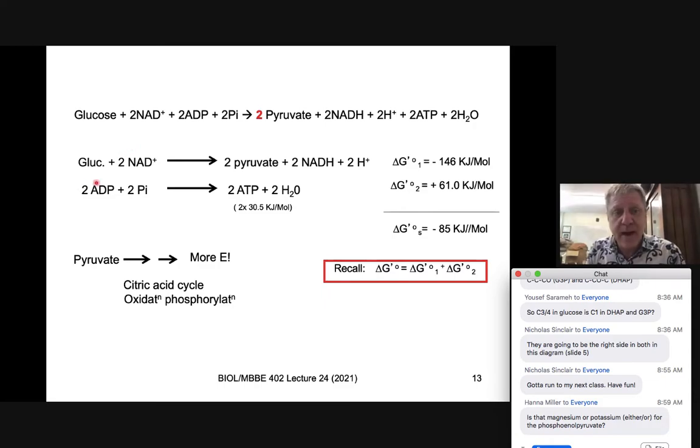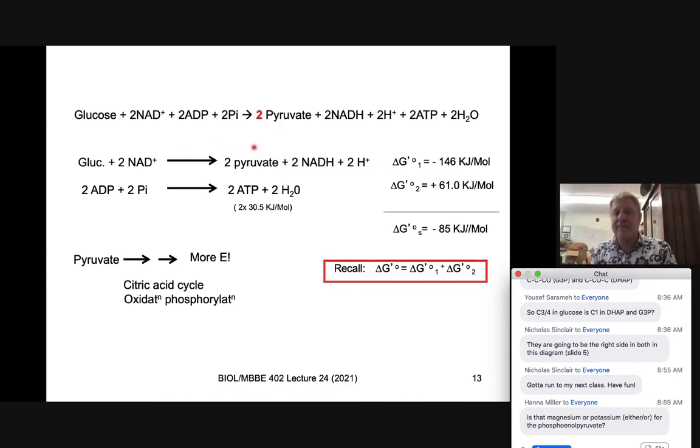Now we have ADP and Pi. I've actually switched this over already. Normally it would be ATP and water going to ADP and Pi at negative 61 kilojoules, but I've already switched it over for convenience. So it's going to consume a positive 61 kilojoules per mole.